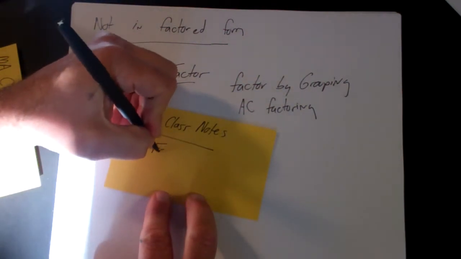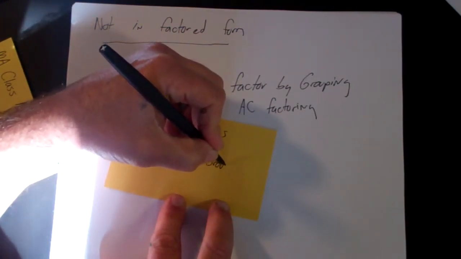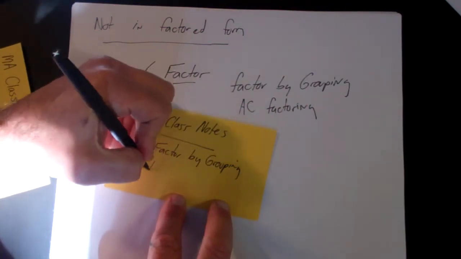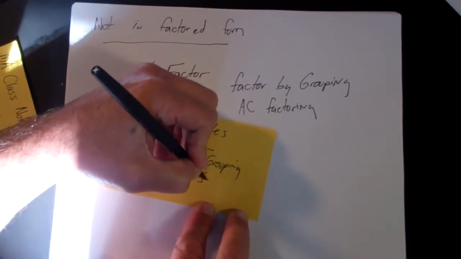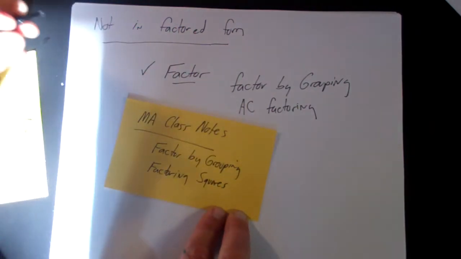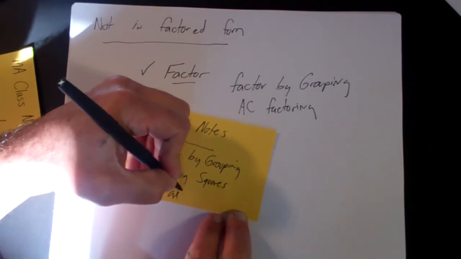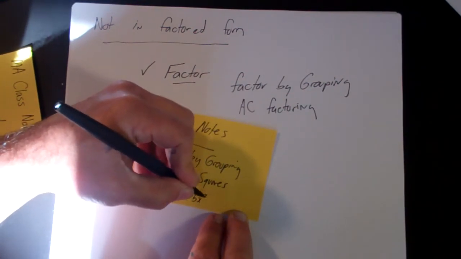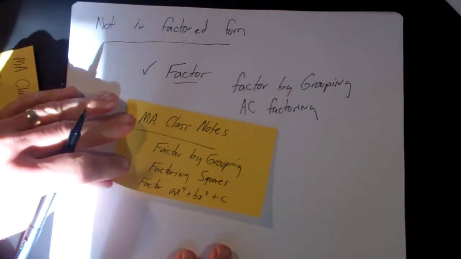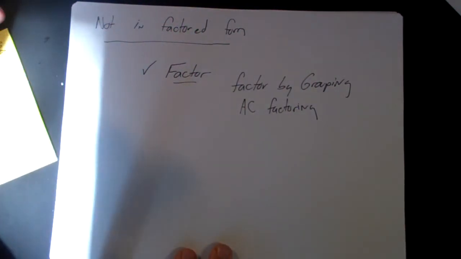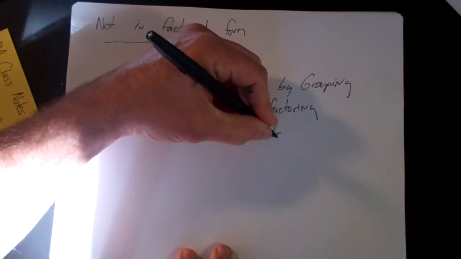Probably the ones you want to look at are factor by grouping, factoring squares, or there's another one, factor ax to the fourth plus bx squared plus c. And there's some other videos that will be helpful as well. Sometimes you even need to use the quadratic formula, though in the simpler examples you won't need to.